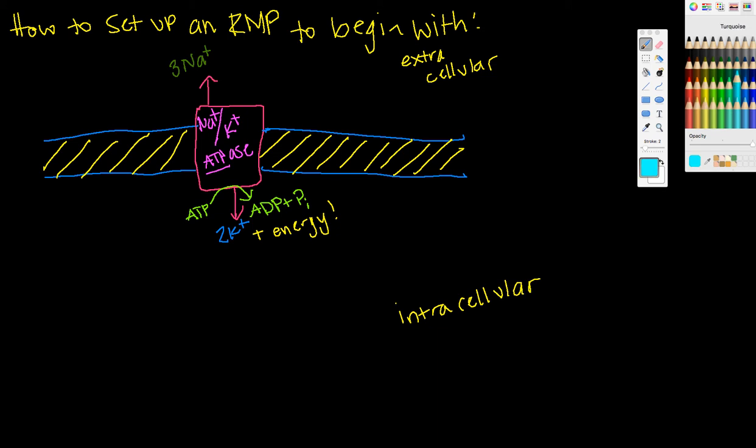So if you have a lot of positive charge on the outside of the cell, that positive charge is going to line up right next to the membrane because it really wants to flow down. There's still positive charge in here, there's just a lot less of it.